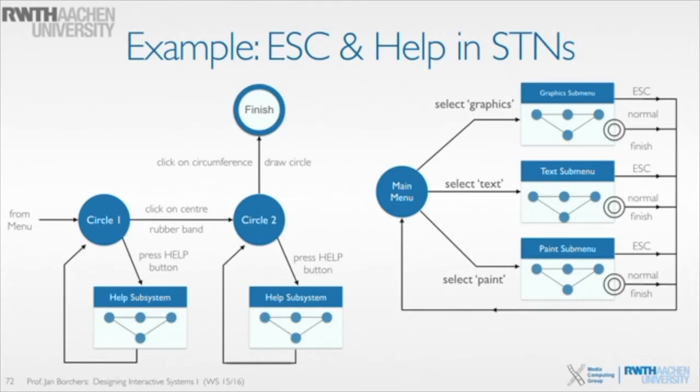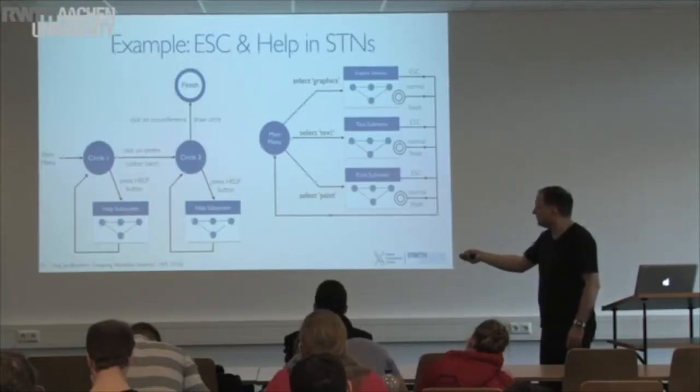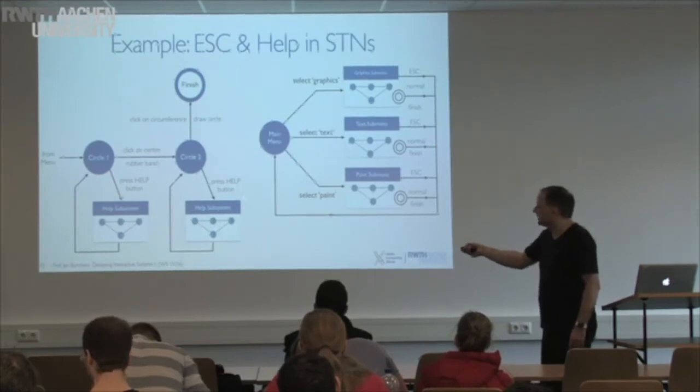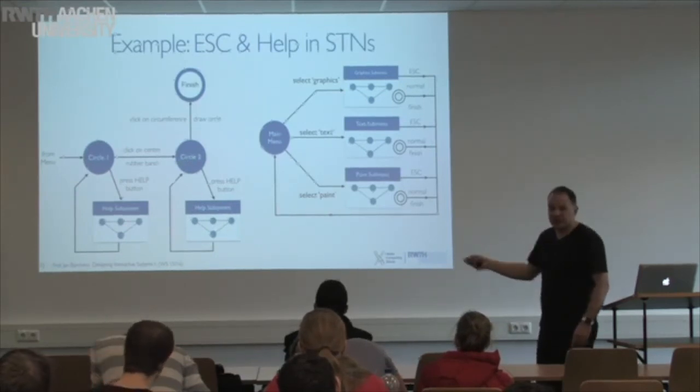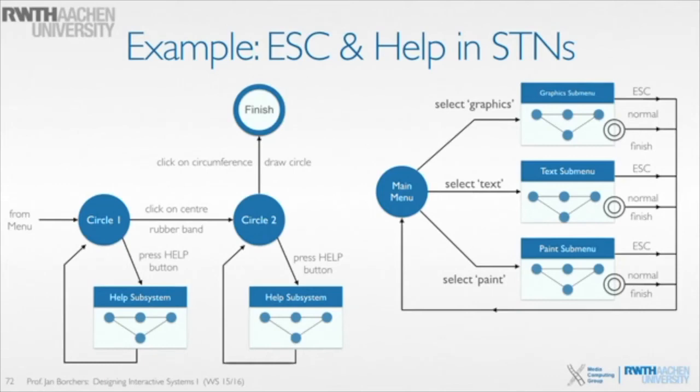But when I leave that again, I need to go back to the circle. When I'm in this other circle 2 state, I've already clicked on the center rubber band, and now press the help button. I need to open the same help subsystem, but somehow I need to remember that I now need to go back to circle 2. And in the state transition network, that means I need to hang this little help thing off every single state.